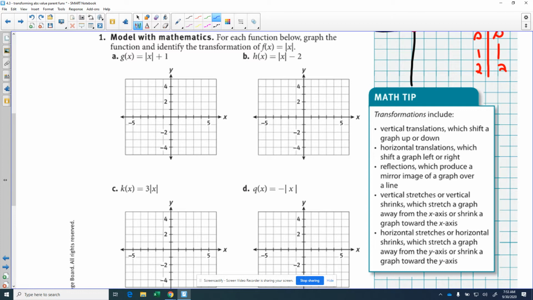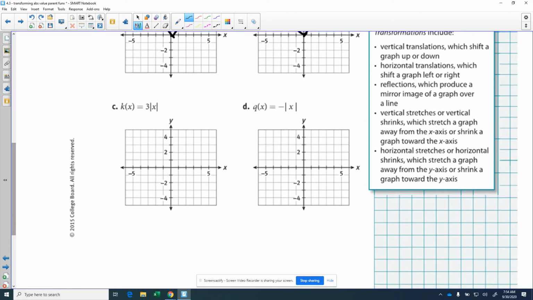Let's just go through all 4 of these and plot the parent function, the same exact graph we had in the other one. Let's just draw that out. So the black lines are the parent function, the original absolute value function in all of these problems. So we'll draw 2 more down here.